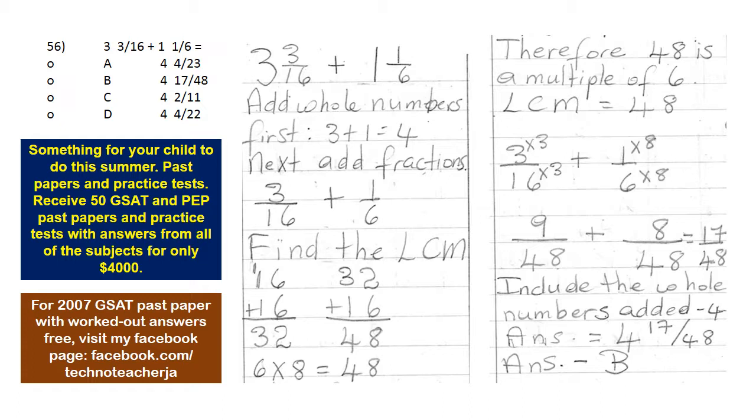Again, the question and answer: 3 and 3 over 16 plus 1 and 1 over 6 is equal to 4 and 17 over 48.